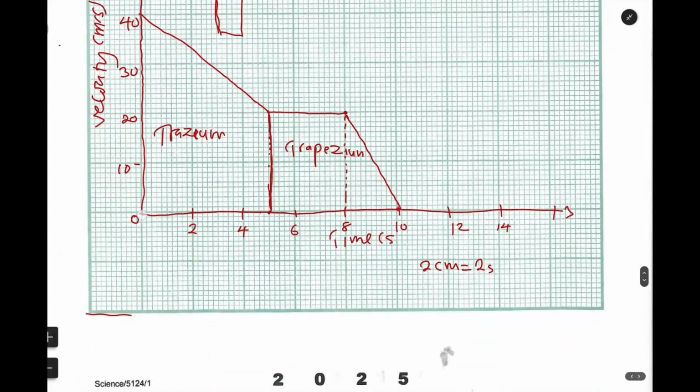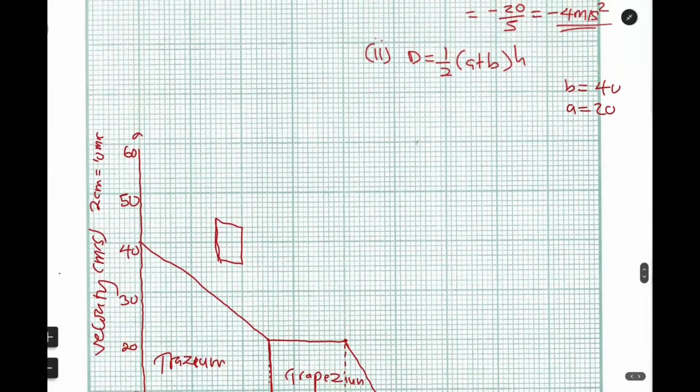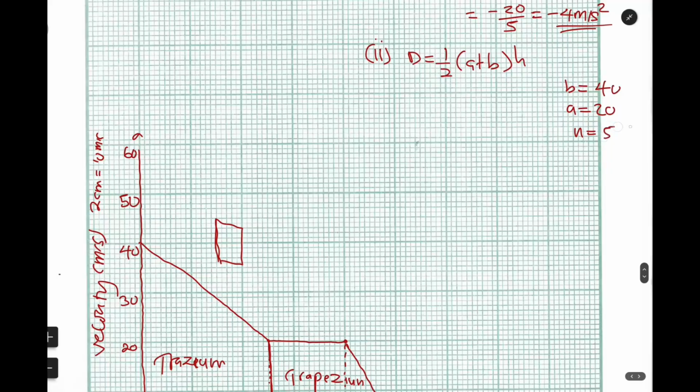Then my height is this one, if it's oriented in this form. So my height is 5. Now let us answer: 1 over 2, what is our A? 20, plus, what is our B? 40. Then what is our height? 5. If we add inside, this will be 60, so it will be 60 multiplied by 5 divided by 2.